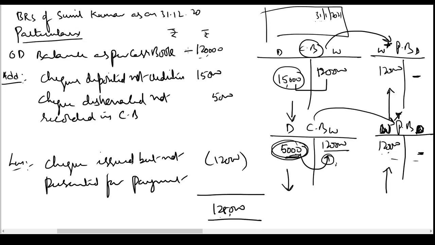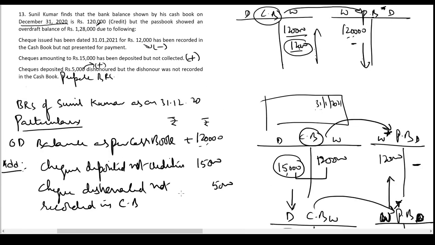We started with overdraft balance as plus, the answer is plus, so this is also overdraft bank balance as per passbook. This is the balance as per passbook. So we have been able to reconcile the balance as per cash book with the balance as per the passbook.